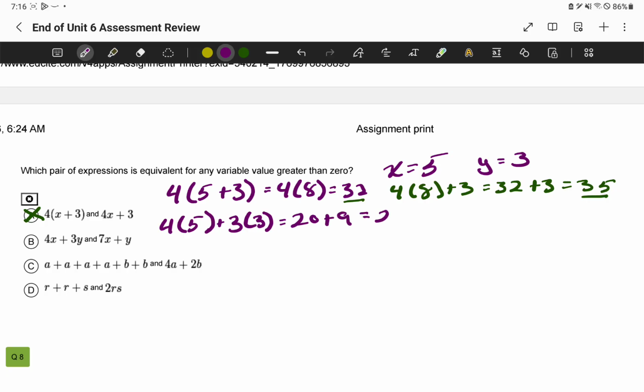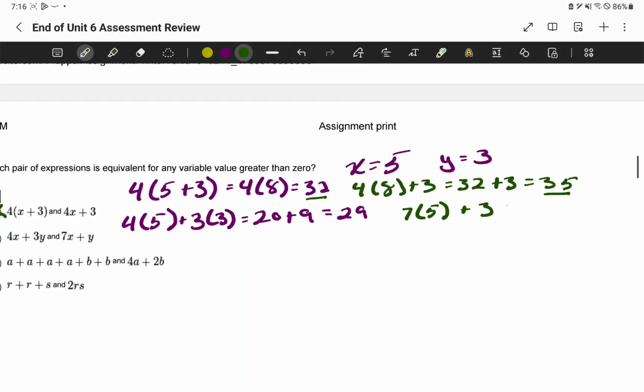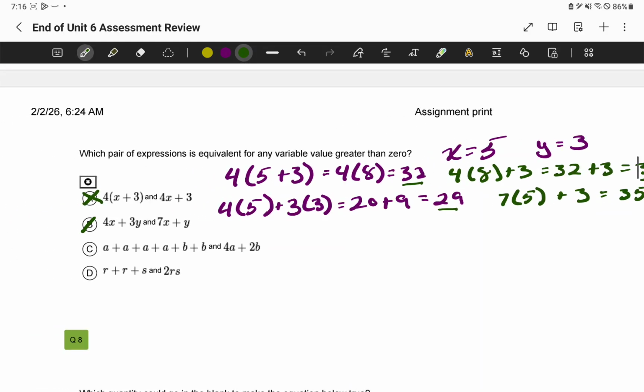And 20 plus 9 is 29. Then on the other side, I've got 7 times 5 plus 3. Well, 7 times 5 is 35, plus 3 is 38. Well, 29 is not 38, so it's not B.